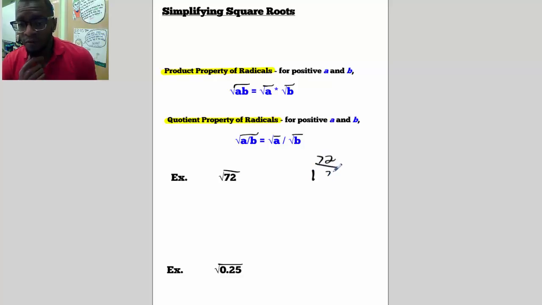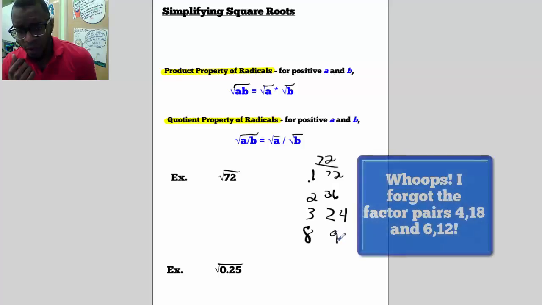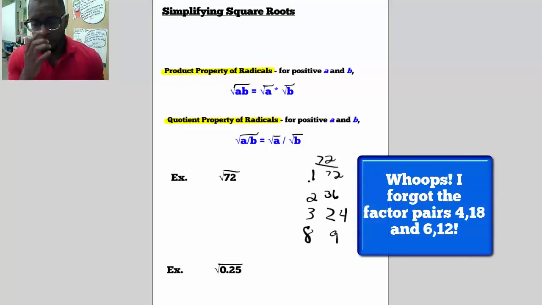So I have 1 and 72, 2 and 36, 3 and 24, 4 and 18, 6 and 12, 8 and 9. Okay, so now we have our factor pairs of 72.